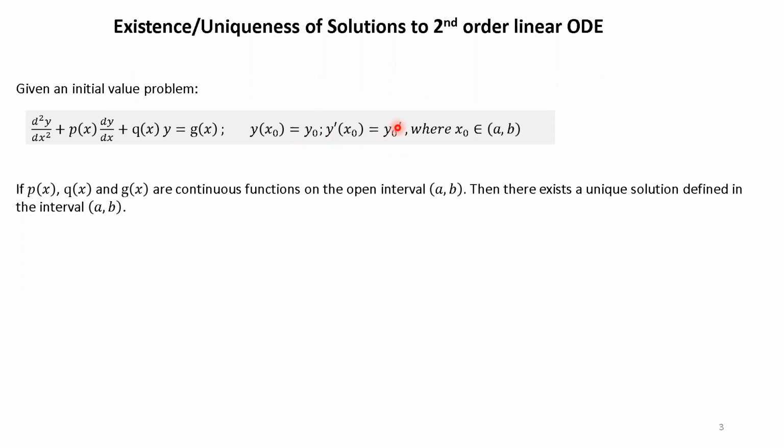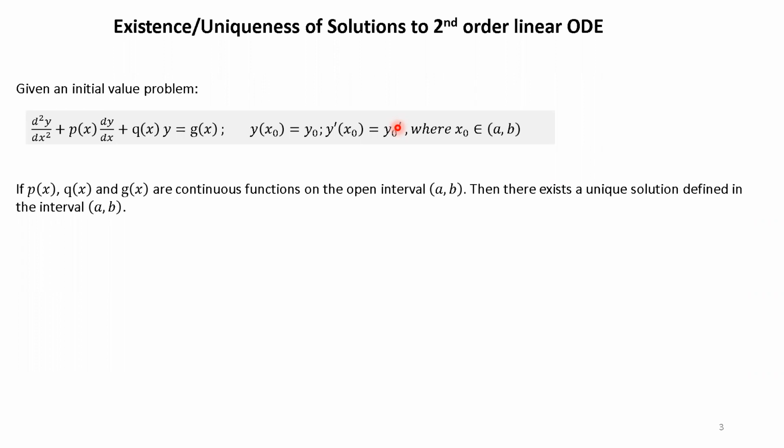Just think of equations of motion. Think of Newton's second law. When you solve Newton's second law, that gives you a second order ODE, because it's m d squared x dt squared equals some force function. But to actually solve for the equation of motion, to find x as a function of t for the particle, you need to specify two things, not just one.